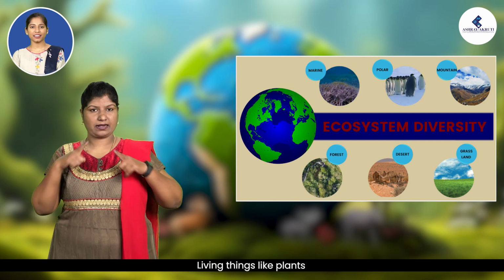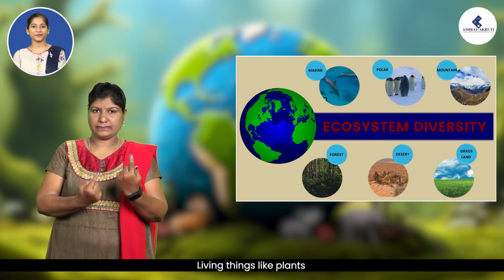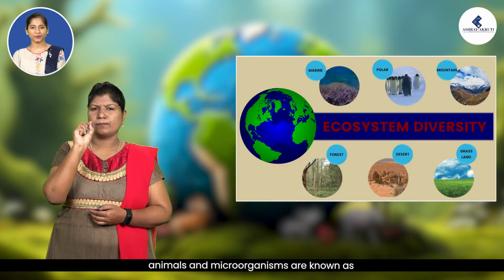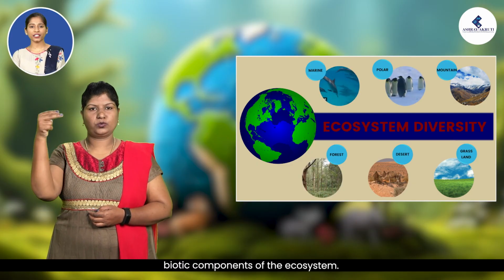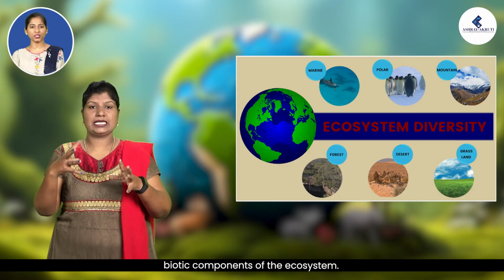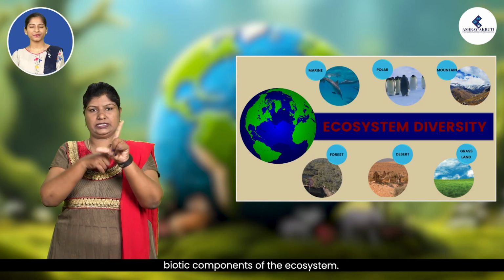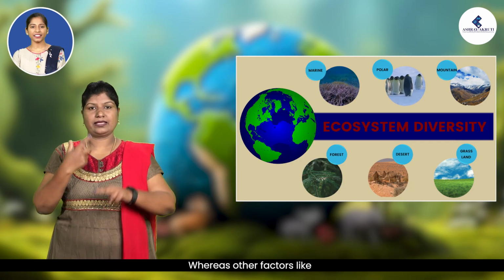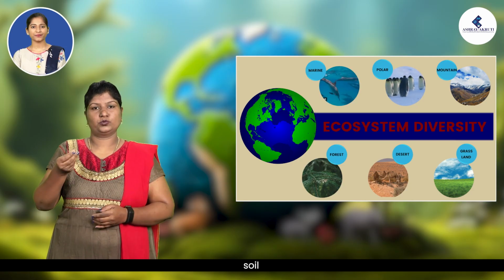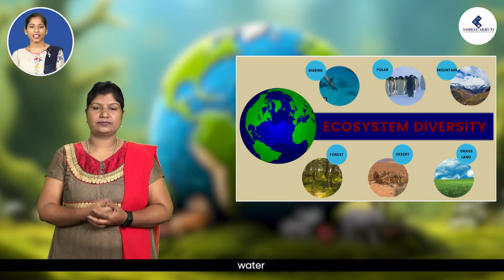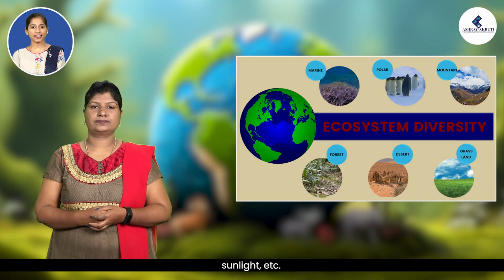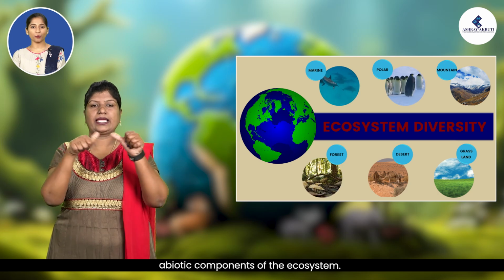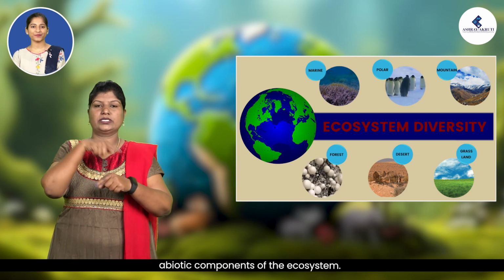Living things like plants, animals, and microorganisms are known as biotic components of the ecosystem, whereas other factors like soil, water, air, sunlight, etc. are called abiotic components of the ecosystem.